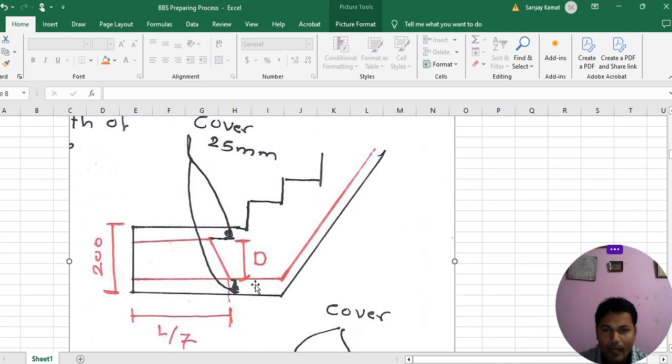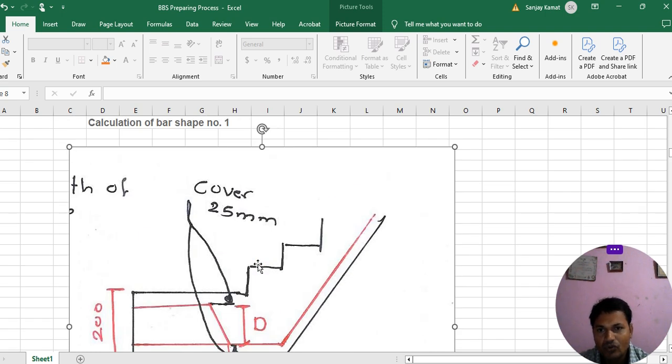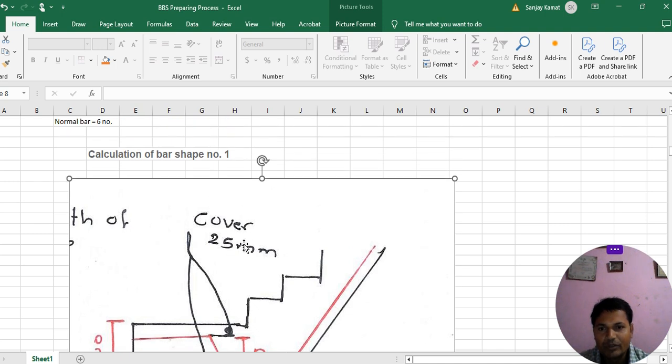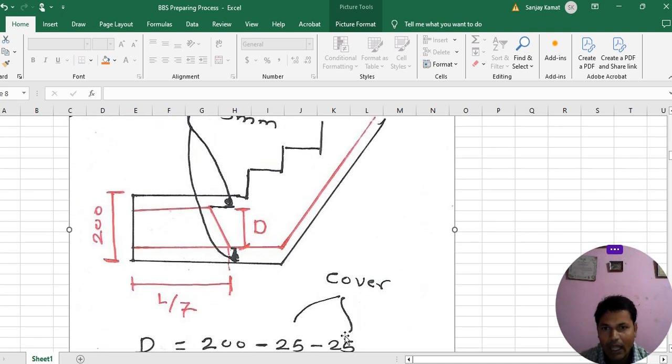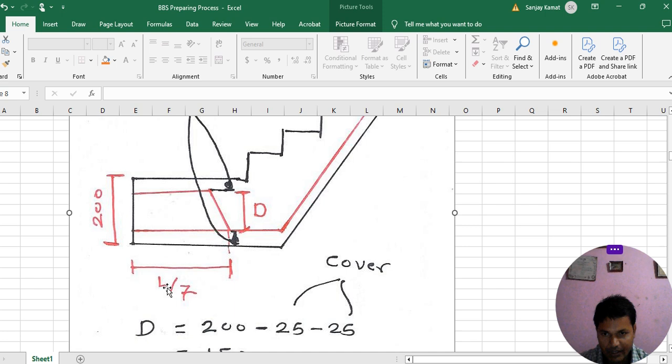Before bending, our rod is straight. After bending, our bar looks like this. One bar is sloping, another bar is horizontal. This clear cover is how much? 25 mm, and this thickness is 200 mm, and this is L by 2.